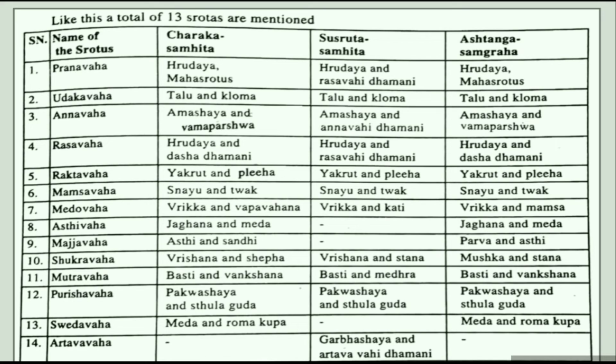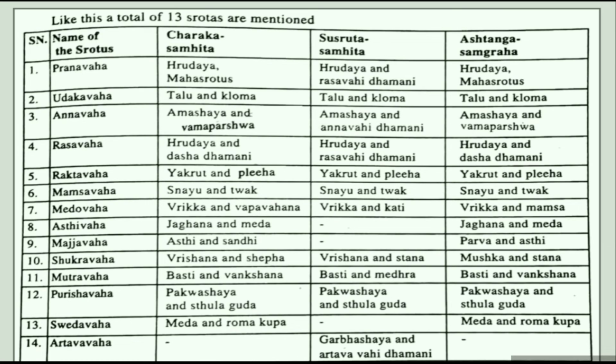The roots of Astivaha Shrotas are Janghama and Medha according to Charaka Samhita and Ashtanga Hridaya. But the Shushruta Samhita didn't give any explanation about the roots of Astivaha Shrotas. The roots of Majjavaha Shrotas are Asti and Sandhi according to Charaka Samhita and Parva and Asti according to Ashtanga Sangraha.